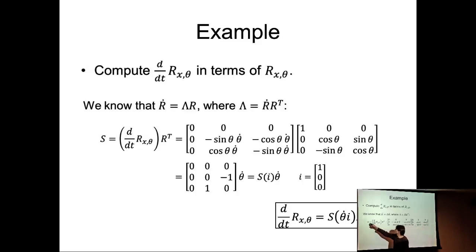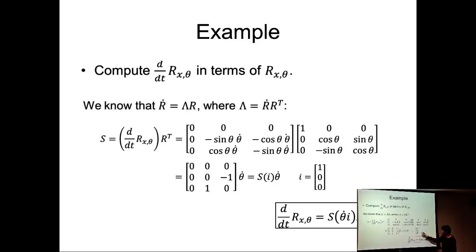So the skew-symmetric matrix, which encodes our angular velocity, is the derivative of R times R transpose. Here is the derivative of R. Don't forget the chain rule. And then R transpose, that's pretty easy to figure out. When we multiply these out, you'll see very quickly our skew-symmetric matrix has only a 1 and a negative 1 term inside of it, which means that the angular velocity vector, no surprise, is just rotation around the x-axis.